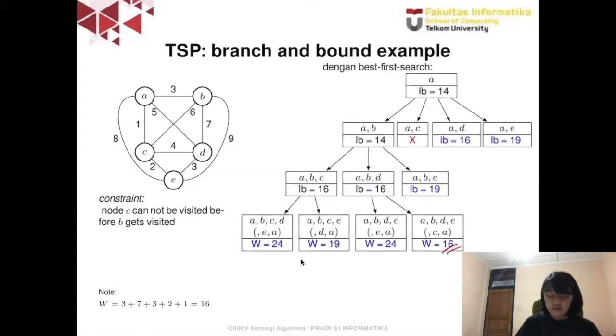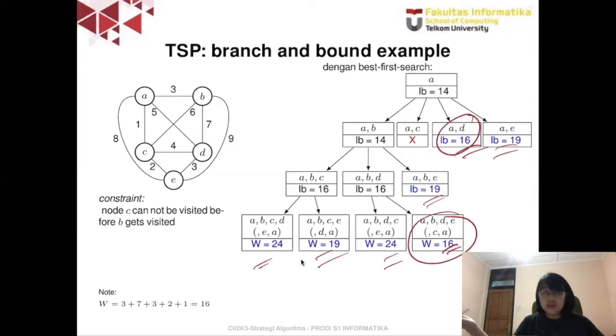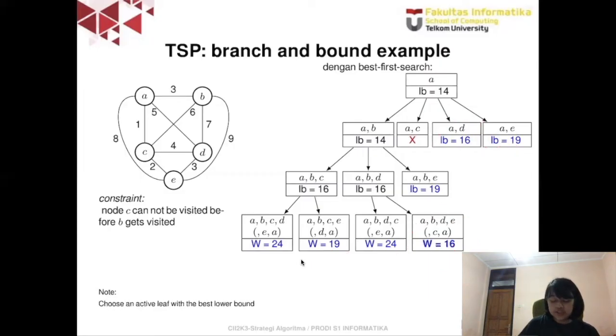So we have 7 leaves where the lowest one is this one and this one. And again, because this has more nodes we have considered, we choose this one.